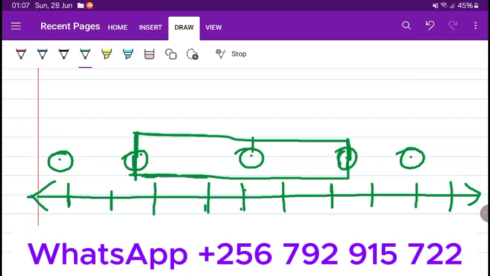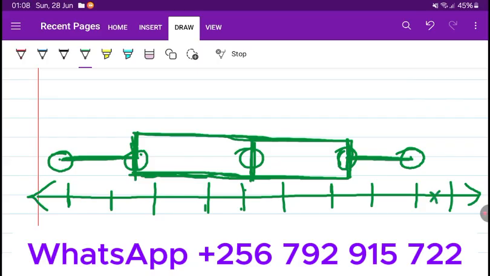Of course, this one is showing the Q1. Then they draw the whiskers like that. So even this one is the right thing. It's not wrong. Then for the outliers, they just indicate them.